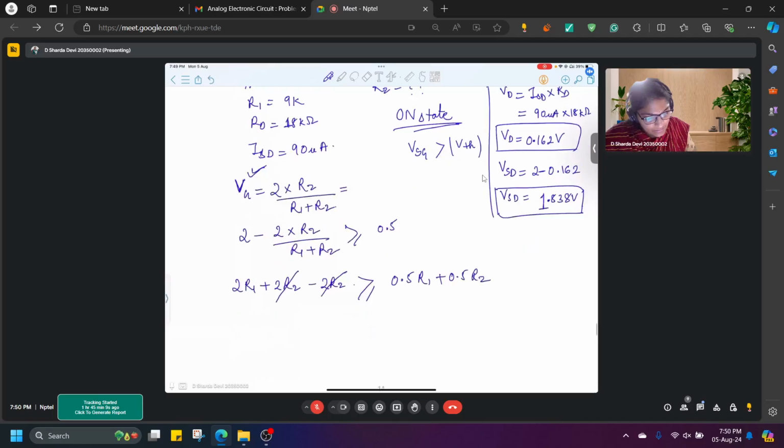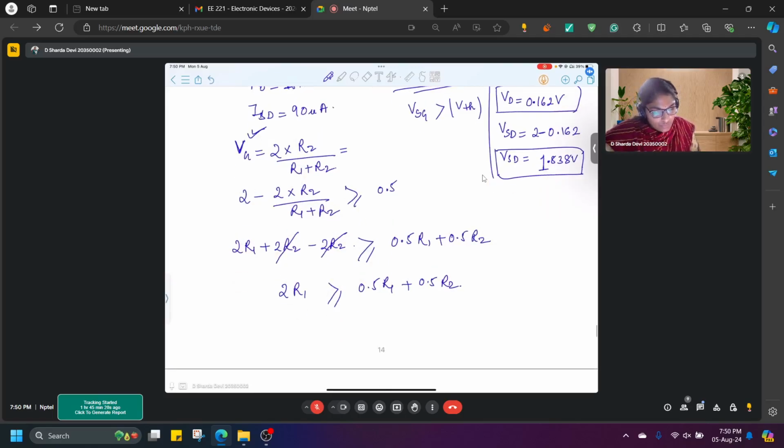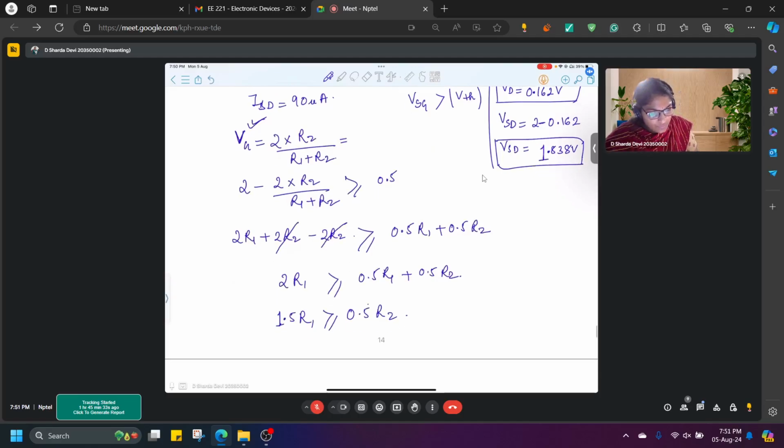These two are cancelled. So 2R1 should be greater than or equal to 0.5 R1 plus 0.5 R2. That means 1.5 R1 should be greater than or equal to 0.5 R2, which is 3 R1 should be greater than or equal to R2.